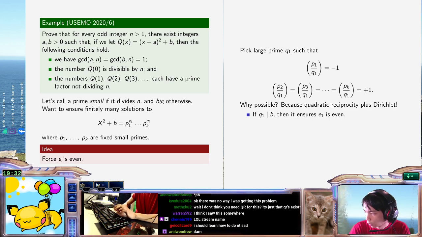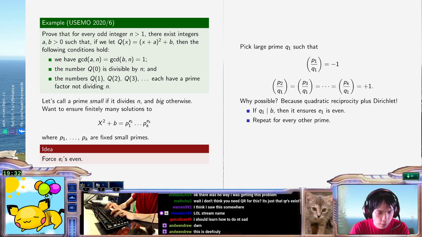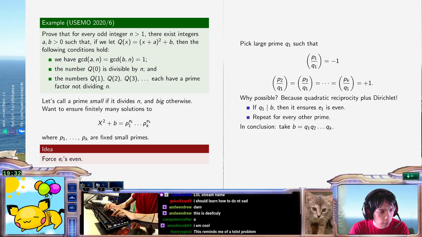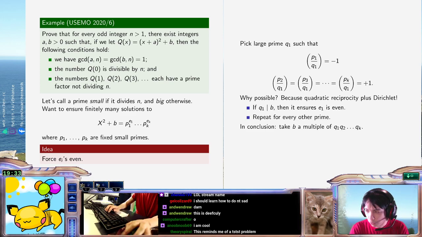So in conclusion, we should take B to be equal to the product of these primes times whatever else we want. And that should be okay. Yeah, so this will ensure that this is true for some sufficiently large A.